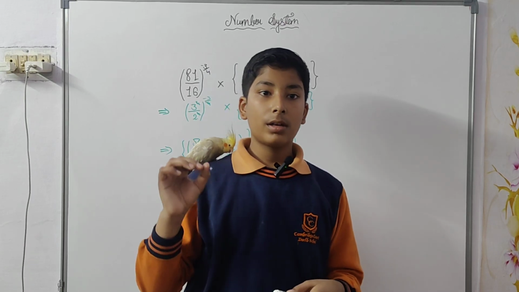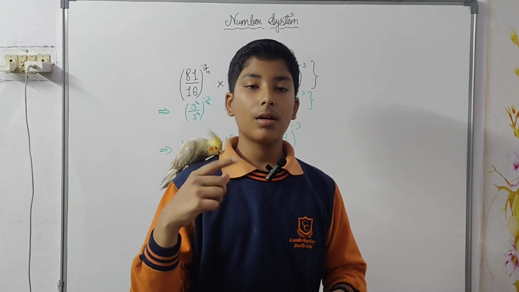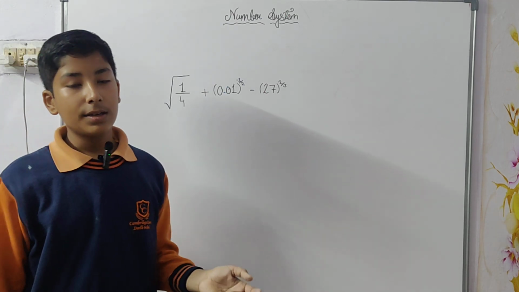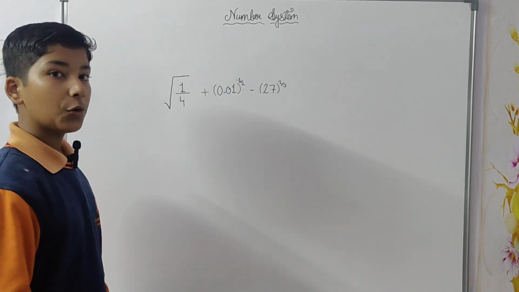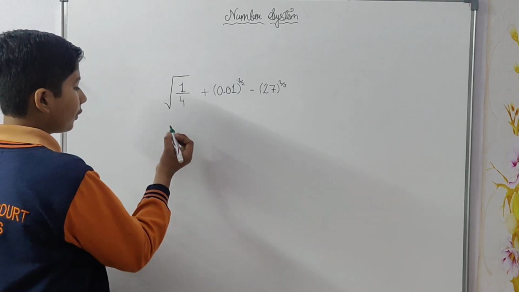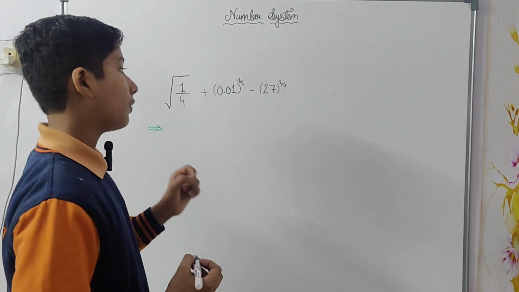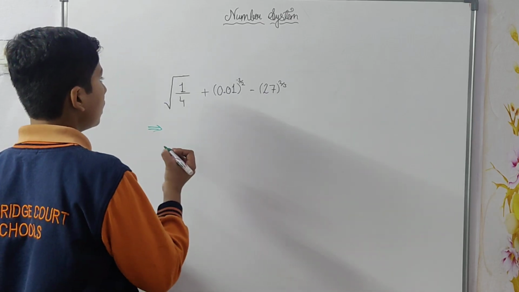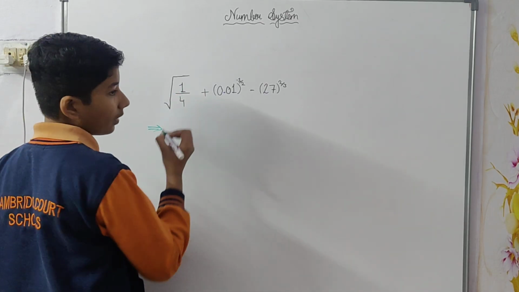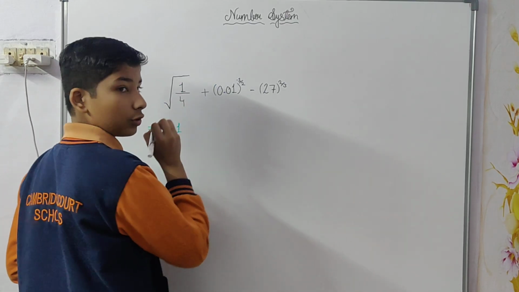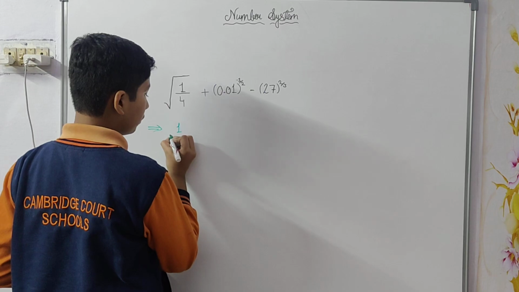Now let's increase our difficulty and come to our next question. So friends, this question is of increased difficulty, but if you observe it very nicely, you won't say it is difficult. This will be a very easy question for you. See, you know, root of 1 is always 1, and root of 4 is always 2.